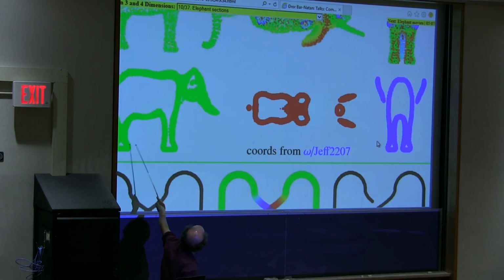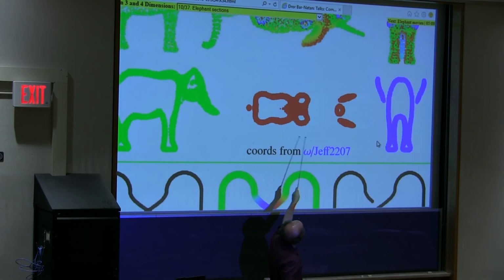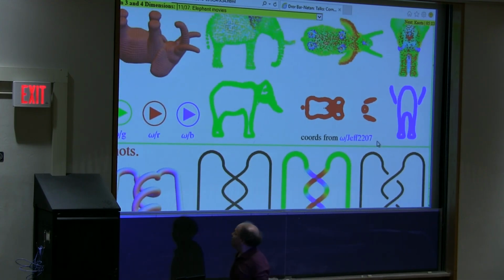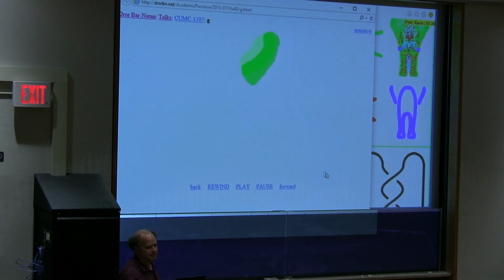This is section through a green plane, this is section through a red plane, this is section through a blue plane. In fact, each of these sections could be seen as a movie, and watching the movie, even though each frame of the movie is 2-dimensional, allows you to completely reconstruct the elephant. So here is the green movie. So, oops, here it is.